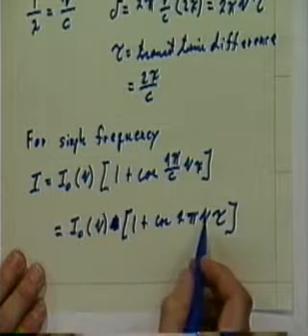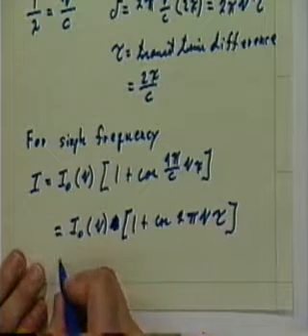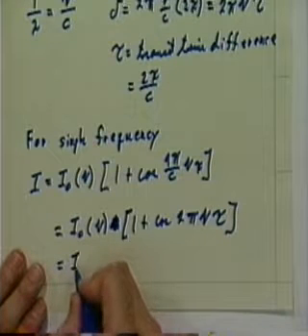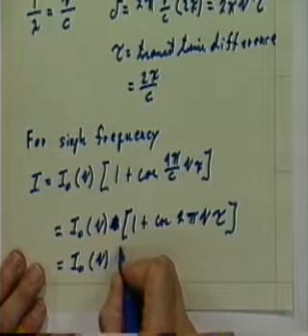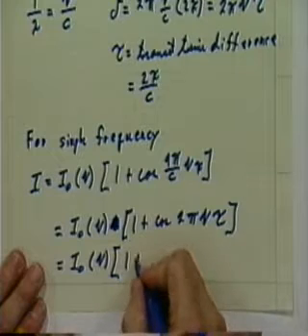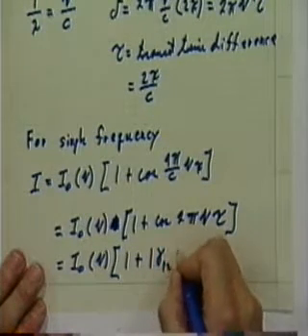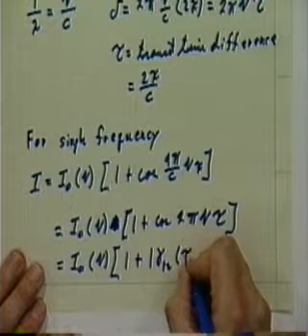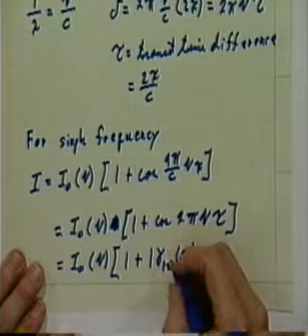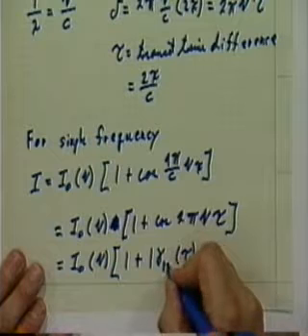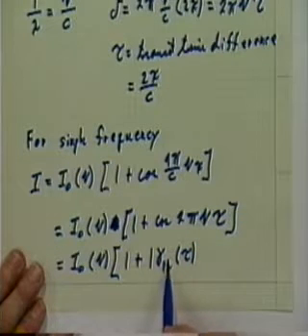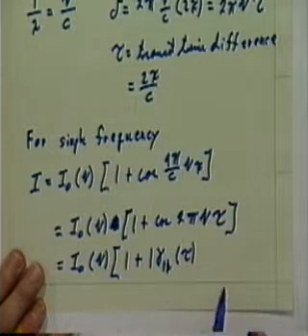And so we could rewrite this as I naught of nu times 1 plus, this is always true here, gamma 1, 2 of tau. And I shouldn't put 1, 2 because I'm interested only in temporal coherence, so we'll just make it 1, 1, or sometimes you'll just leave a subscript off.